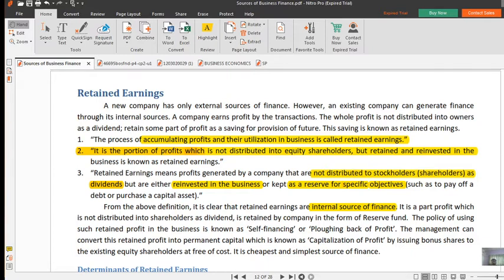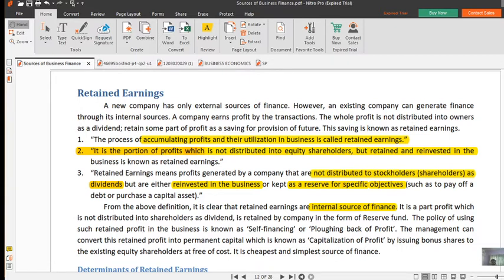In other words, it is the portion of profit which is not distributed among the shareholders but remains and is reinvested by following proper procedure in the business, known as retained earnings.